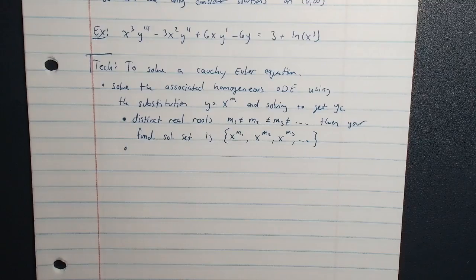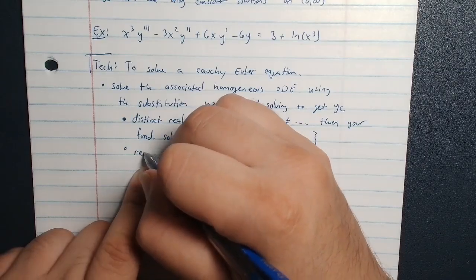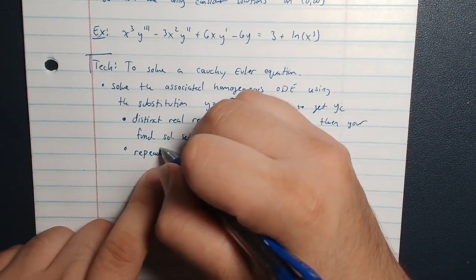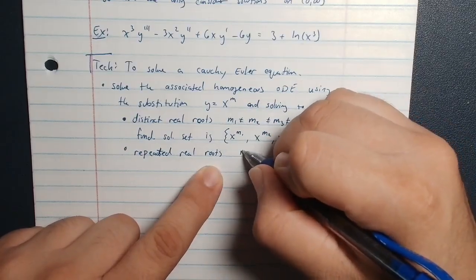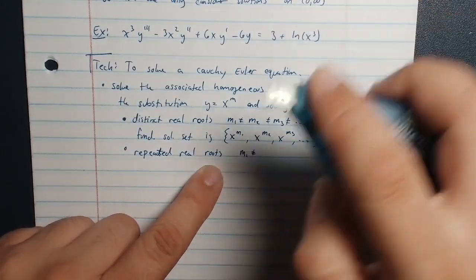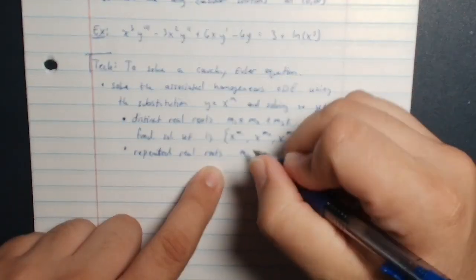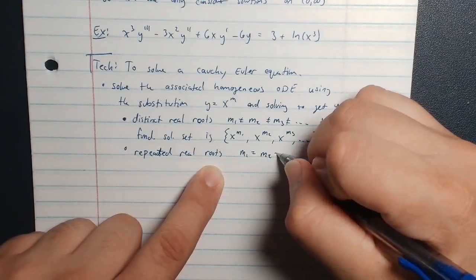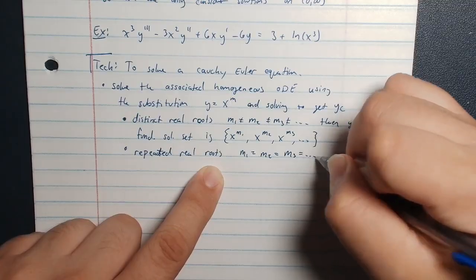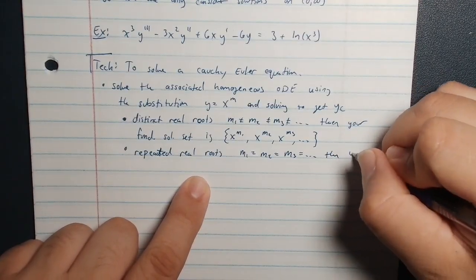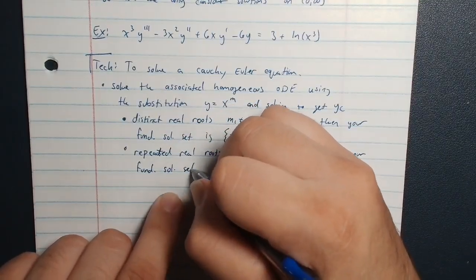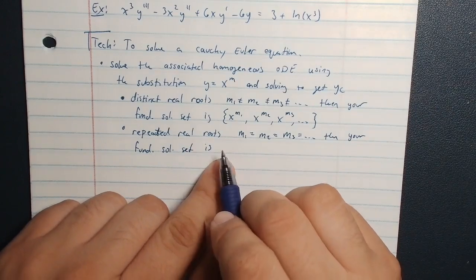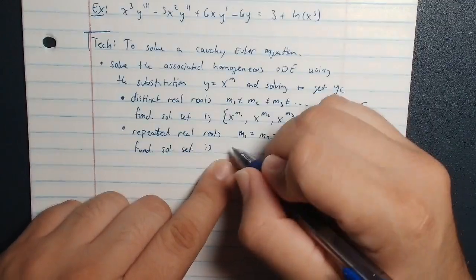On the other hand, what if you have real roots, but they're repeated? With a repeated real root, things that look like m1 is equal to m2, is equal to m3, is equal to dot, dot, dot. You get used to writing is not equal to on these. Then your fundamental solution set is going to be, the very first one, you're going to write it as if it were a unique solution.